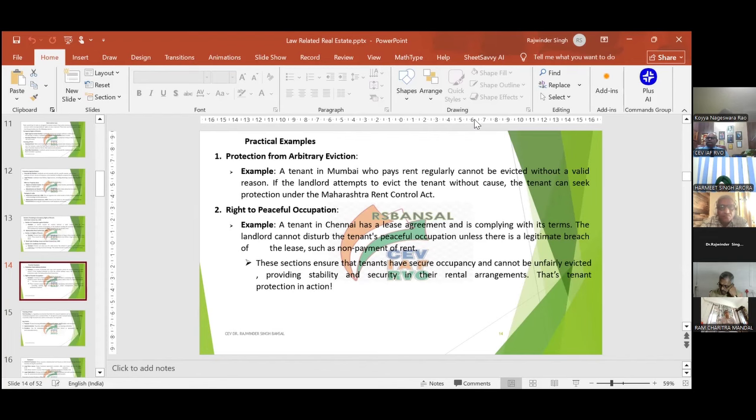The landlord cannot disturb the tenant's peaceful occupation unless there is a legitimate breach of the lease, such as non-payment of rent. These sections ensure that tenants have secure occupancy and cannot be unfairly evicted, providing stability and security to the rental arrangements. That is tenants' protection in action.